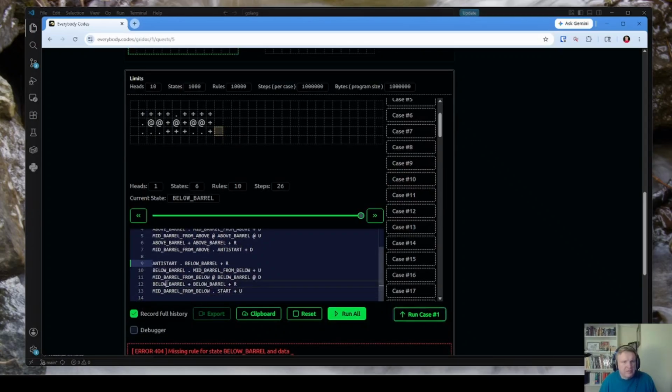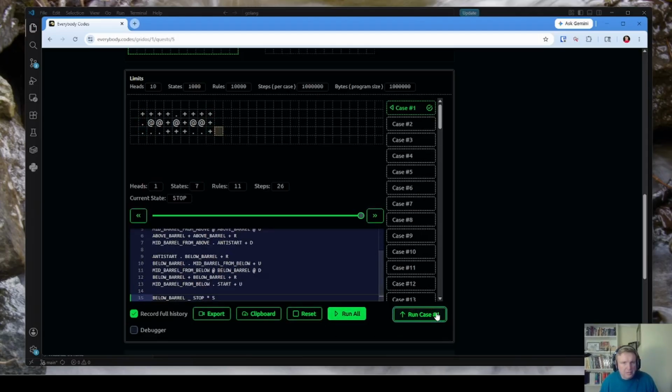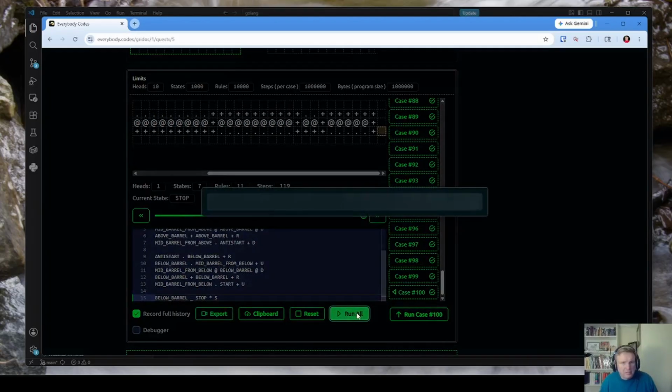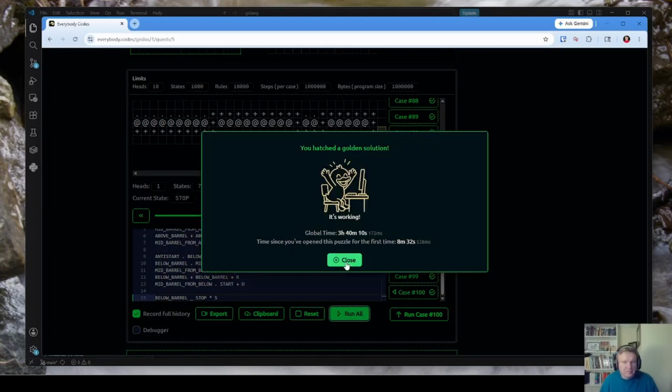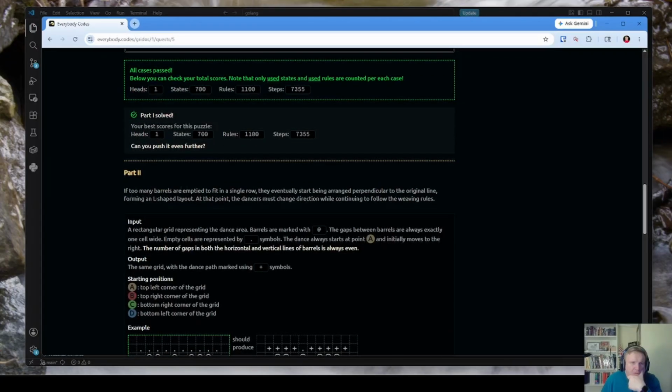Okay. There we go. Okay. Too many barrels are emptied to fit in a single row.